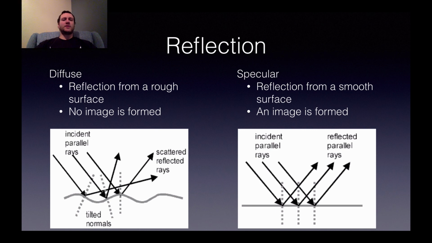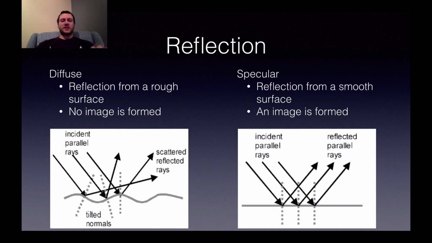The reason why we don't get an image on a diffuse surface is because the normals themselves aren't parallel. When light comes into that surface, it's going to be parallel to one another. But as it hits a rough surface, the law of reflection is still obeyed, but because that surface is bumpy, where it makes contact is going to then have the normals be tilted.